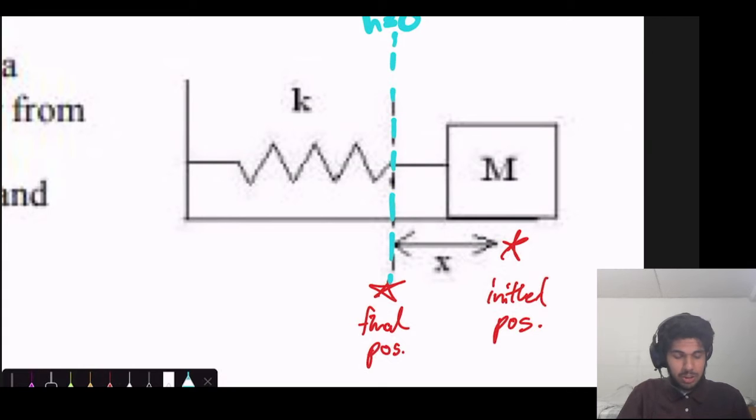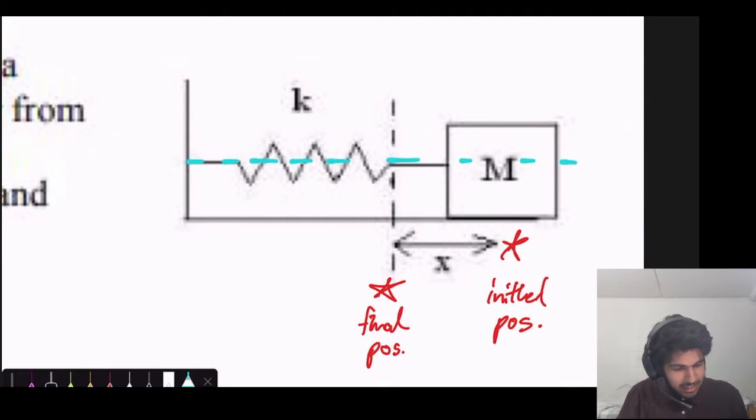So we can't really do this vertical h equals 0 because we have no way of calculating gravitational potential energy from this. So we have to define it to be a horizontal line. It might look a little bit weird, but I'm just going to say this is h equals 0.